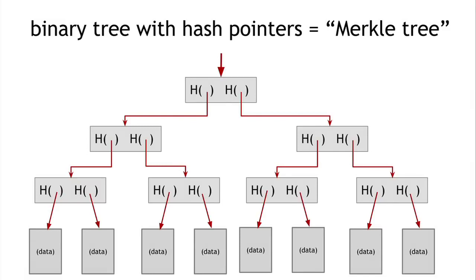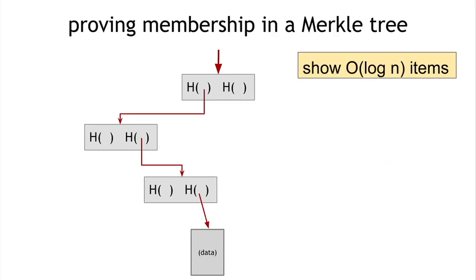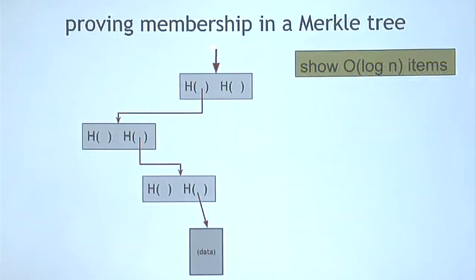Now another nice feature about Merkle trees is that unlike the blockchain that we built before, if someone wants to prove to us that a particular data block is a member of this Merkle tree, all they need to show us is this amount of data. So if we remember just the root, and someone wants to convince us that this block is in the Merkle tree, they need to show us this block, and we can verify that the hash matches up.